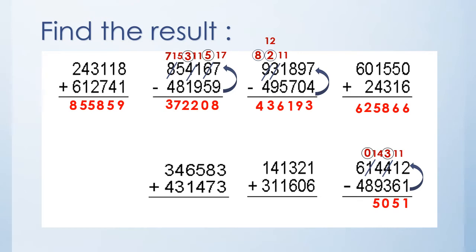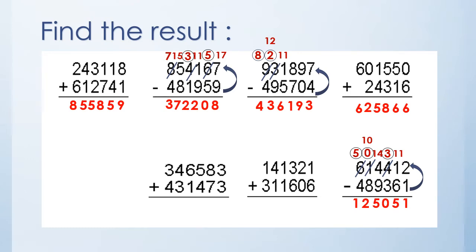Can I count from 8 to reach 0? No, can't be. Borrow 1 from 6. 6 will be 5 and 0 will be 10. 10 minus 8, after 8, 9, 10. 2. 5 minus 4 equals 1. The answer is 125,051.